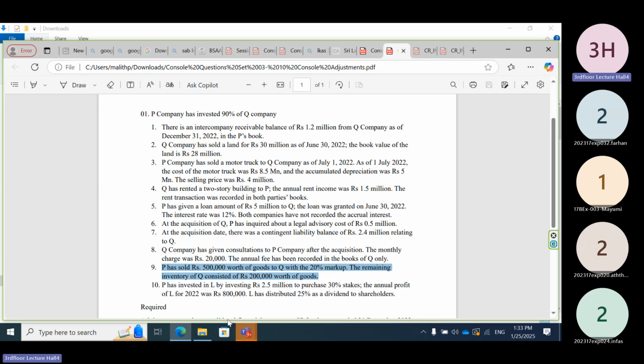Markup 20% now. So your cost of sales margin equals 20%. Let's say your cost of sales is 100, margin 20, your sales 120.